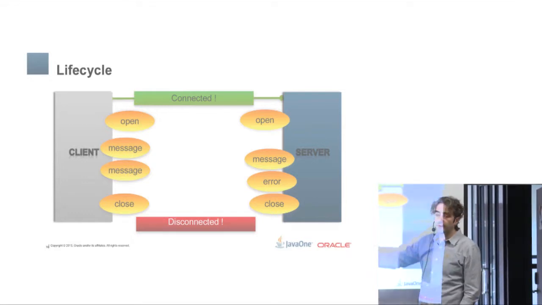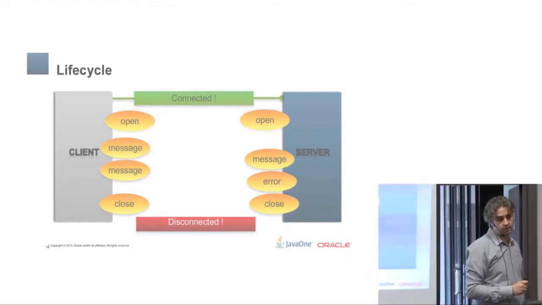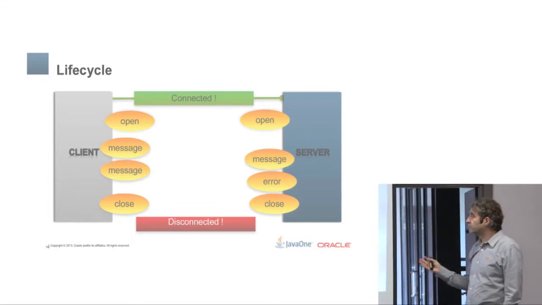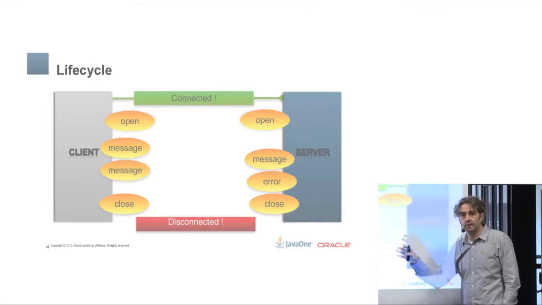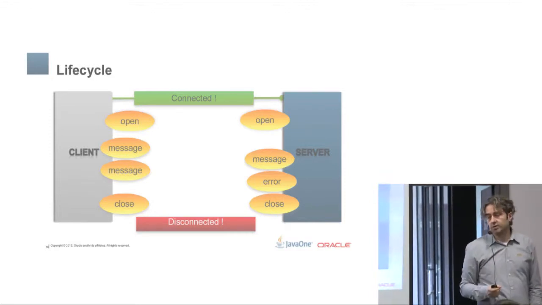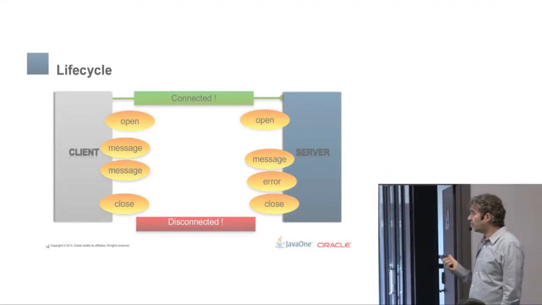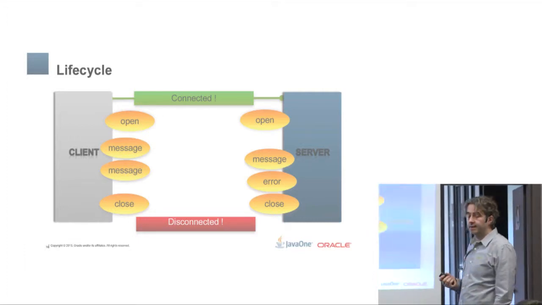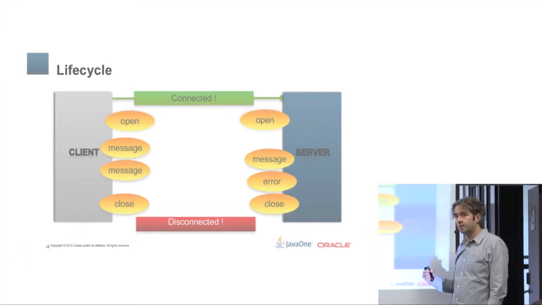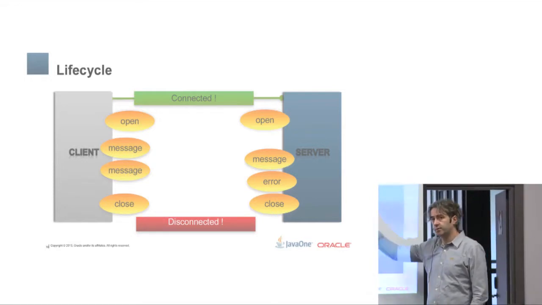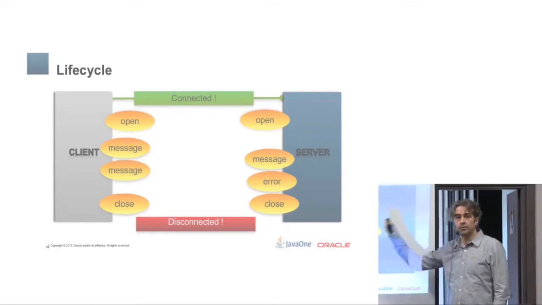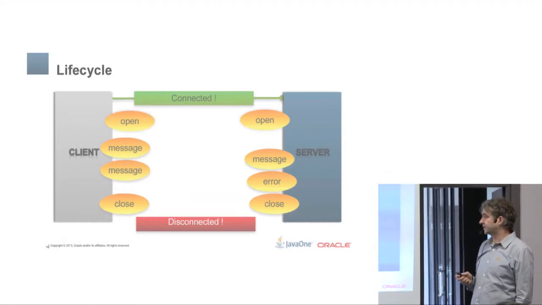Basically, it tells the two endpoints that there is a new connection established. The server can decide to react on that event, the client can also decide to react on that event, or they just ignore it. From now on, they can start to exchange messages, both ways. The server can push information to the client, and the client can also push information to the server side.